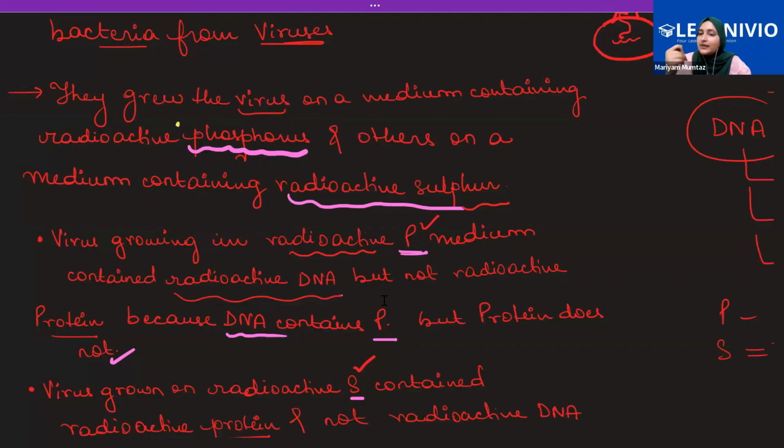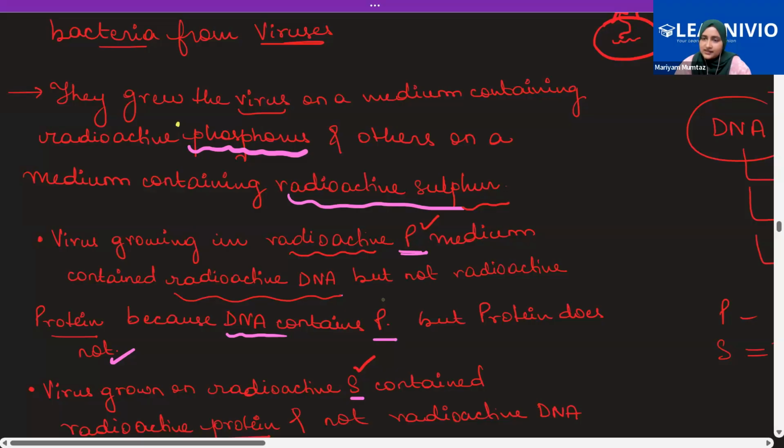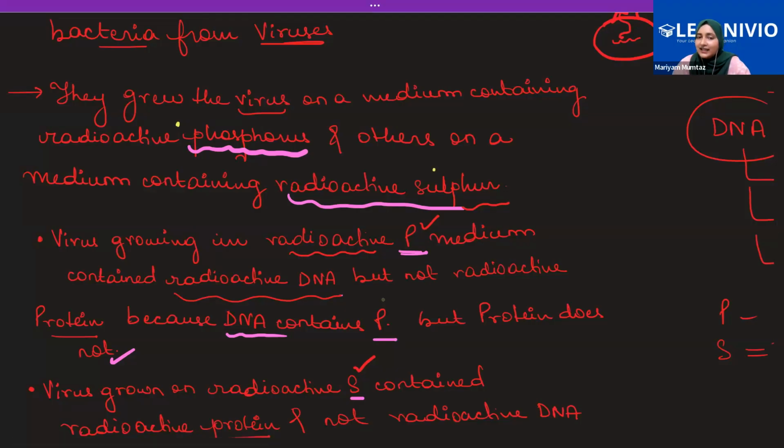So wherever you want me to explain things again, please do, because questions get asked a lot from these topics. Apart from that, protein contains amino acids, and many amino acids are sulfur containing. So this sulfur will get connected with the protein part. Okay. So now you have labeled, or tagged, the DNA and the protein.